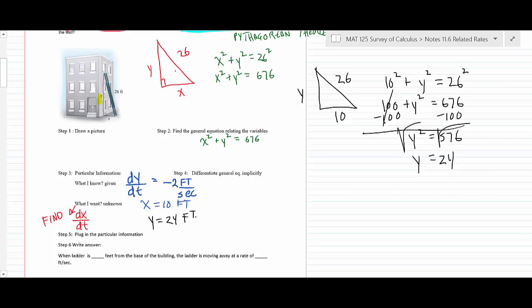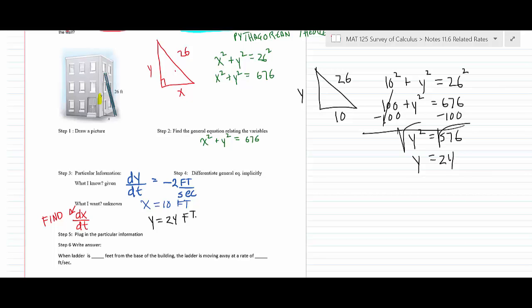So let me go over what I've done so far. Pythagorean theorem, everybody got that? Know that from your background? You've got to know that for this section. This is what we're going to work with the calculus on. And then I was given the rate going down. That's why I said dy over dt, and that's why I put a negative. You've got to make sure you do that notation.